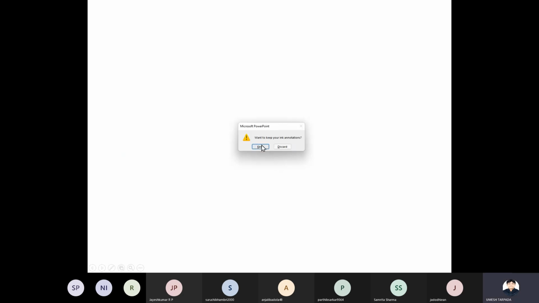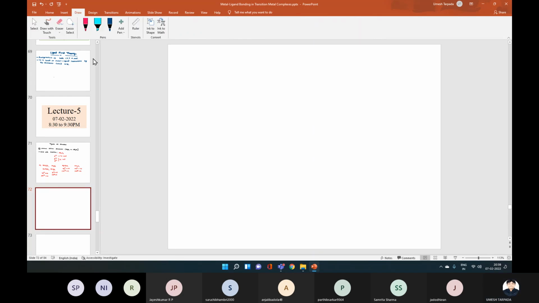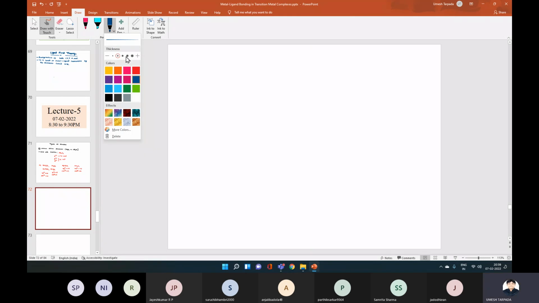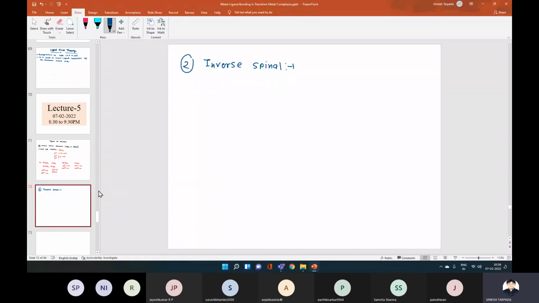In the case of the inverse spinel structure, if the structure is inverse spinel, then what happens? The second type of structure is inverse spinel. So what is called inverse spinel structure?